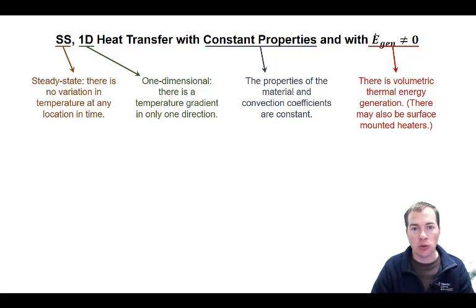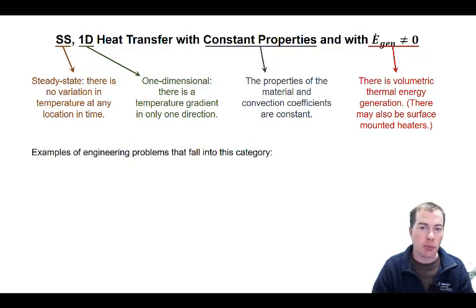It must be included. This is the primary difference between problems that we consider in Lesson 8 and those that were considered in Lesson 7, the presence of a generation of thermal energy within the system of interest.